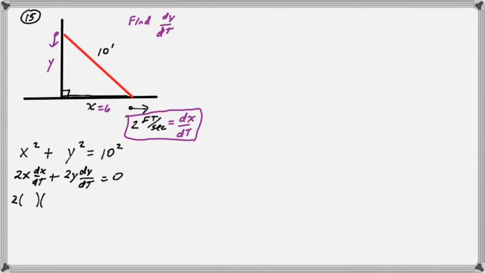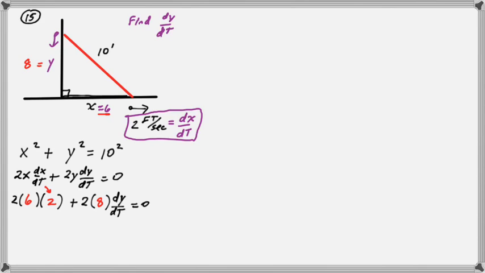So we're going to substitute all this in, and I'm going to try to find dy dt. So what do I know? I know that dx dt is 2. It says at the instant x is 6, so x would be 6. You might be able to do Pythagorean theorem or know your Pythagorean triples. 3, 4, 5 doubles into 6, 8, 10.